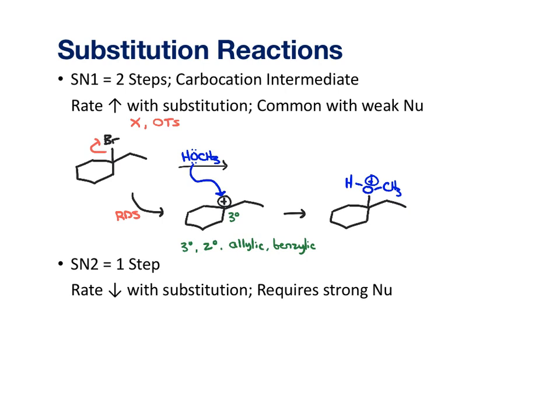So to get to the final substitution product, we just need to take that proton off of there. And there's your product. So the net result is that it's a substitution, meaning we substituted the leaving group bromine with the nucleophile, the methoxy group.